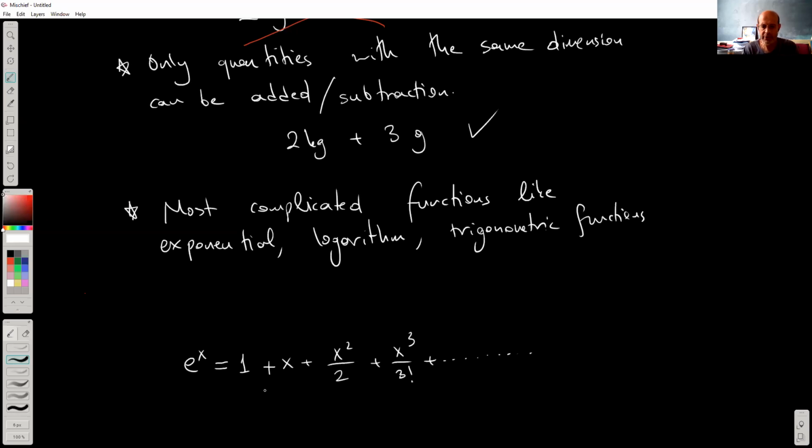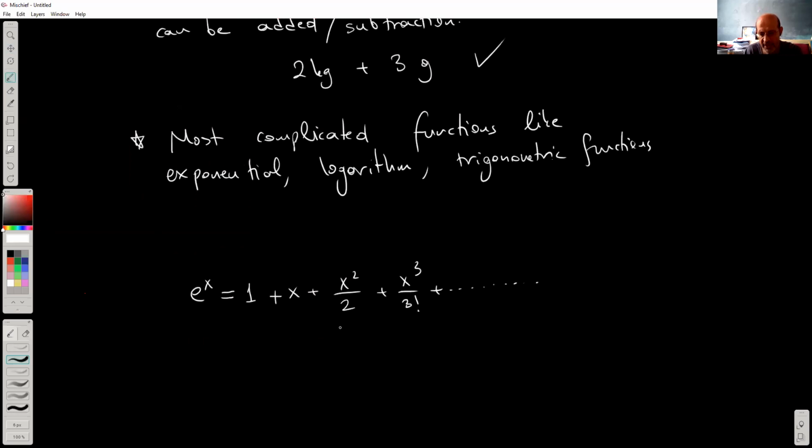So there's this power series expansion here. You can see that there are these things added up, so all of these things should have the same dimension. So x should have the same dimension as 1, and this should have the same dimension as x squared, and so on, right? All of these terms should have the same dimension, which means x must be dimensionless.